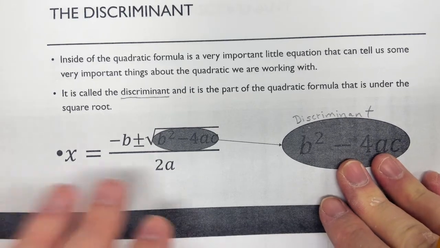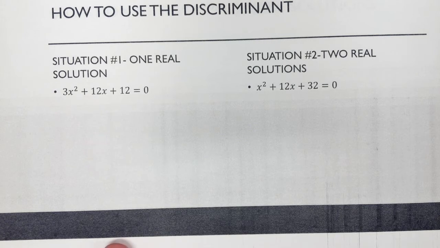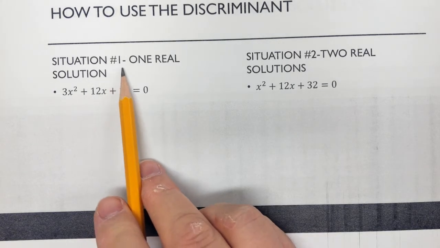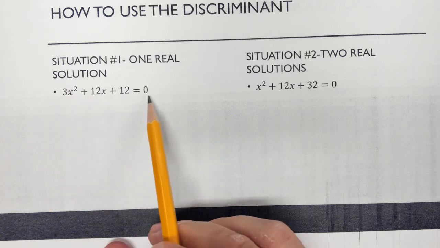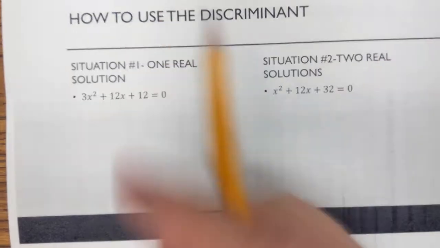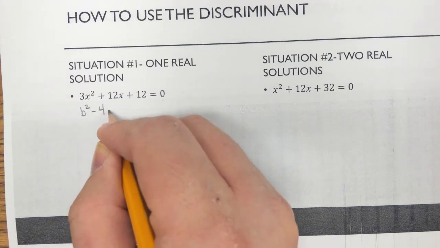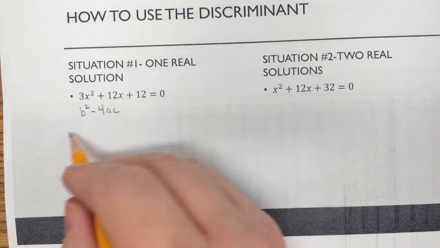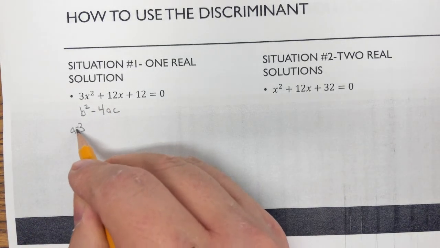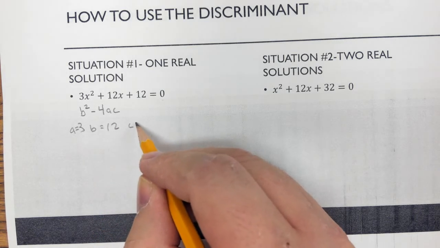So let's look at some situations in which we would use this. Situation 1 is when we get 1 real solution. Here's our quadratic, equal to 0. We're going to use the discriminant, b squared minus 4ac, to tell us what kind of solutions we're going to get. A is 3, b is 12, c is 12.